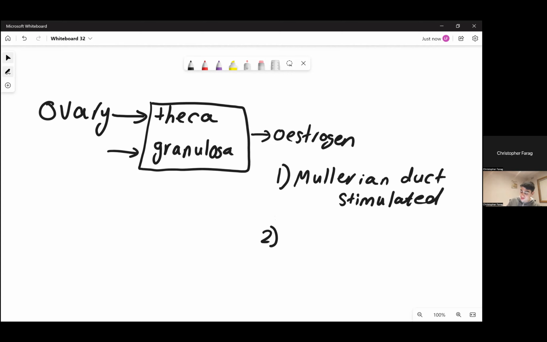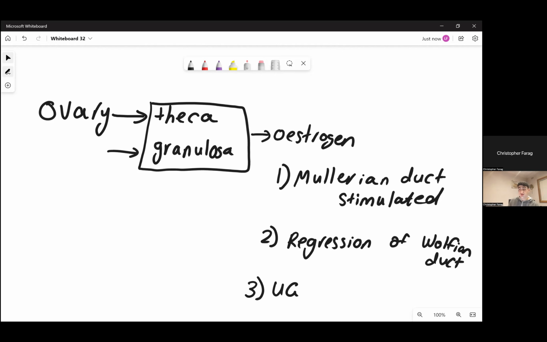And of course, the opposite, we need to cause a regression of the Wolffian duct. And then we have the urogenital sinus, which is going to form part of the labia and the lower part of the vagina and the clitoris as well. Okay, urogenital sinus, that is.